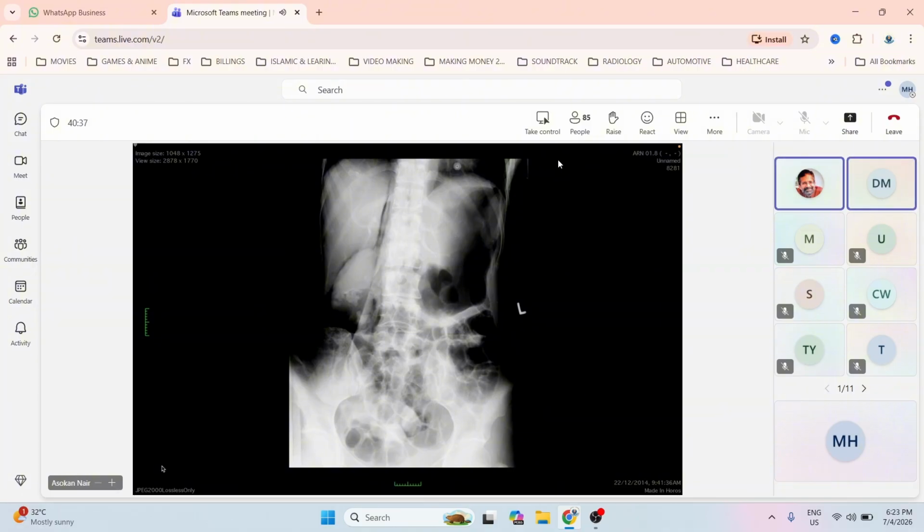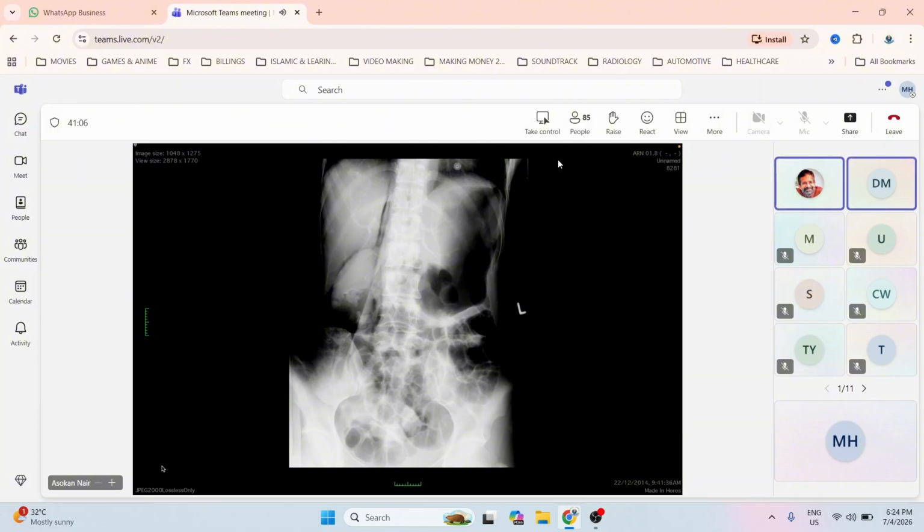Now I'm going to ask you anatomy. What are the possible viscera that can perforate and end up with air in the retroperitoneum? You mentioned duodenum. Which part of the duodenum?